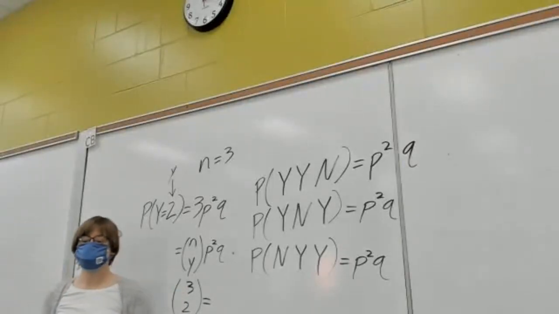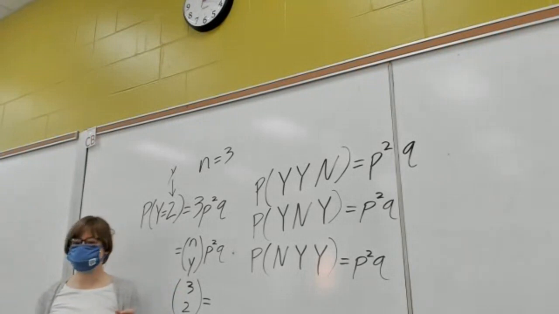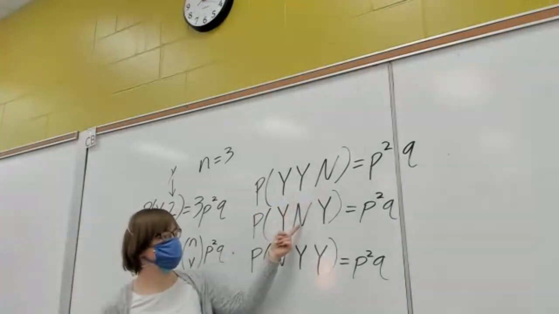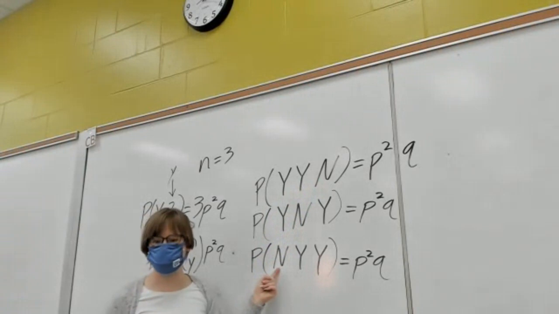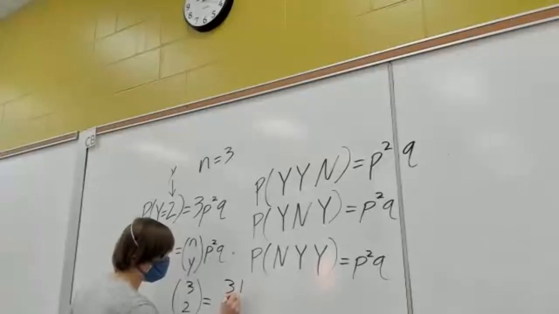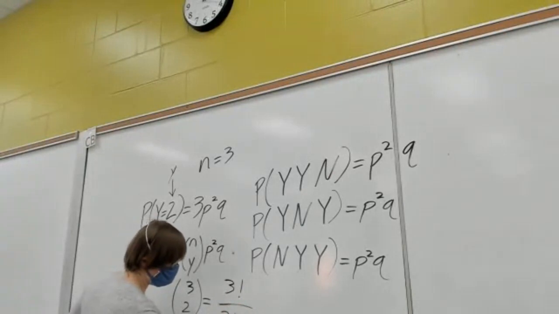So you can think of that as, in order to choose 2 objects to be yeses, you can choose 1 object to be a no. And there are 3 ways to do that. You could pick any of the 3 objects. And in the formula, that'd be 3 factorial over 2 factorial times 1 factorial.